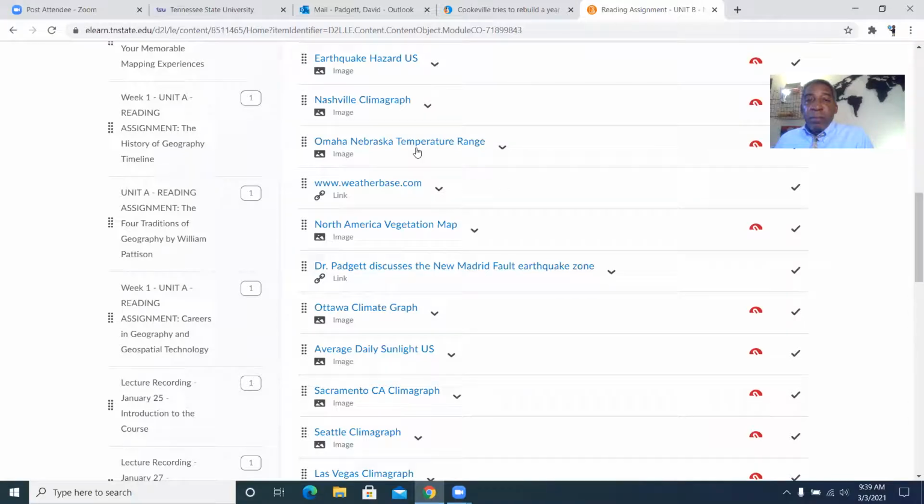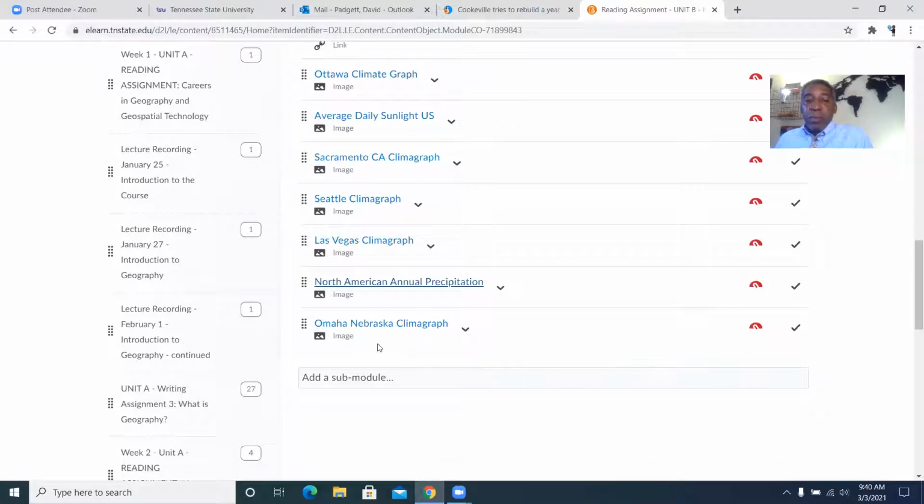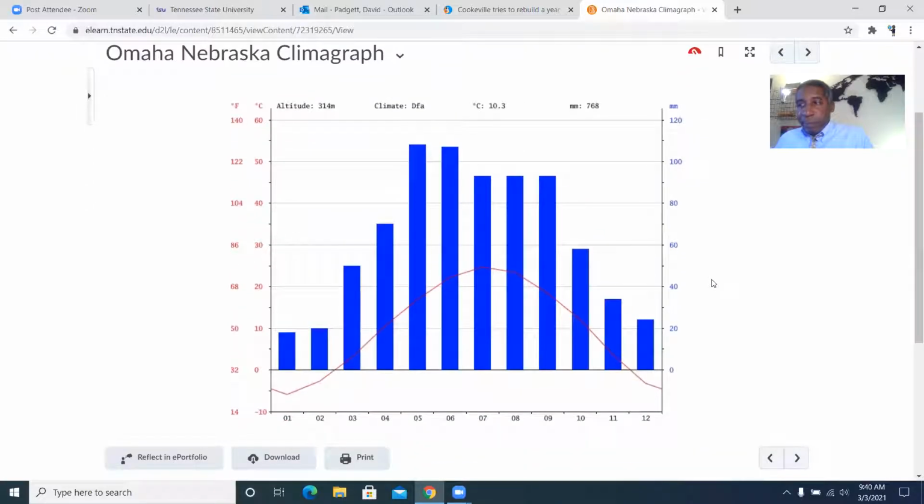We looked at various aspects of climate and different climate graphs. So you'll be expected to look at a climate graph on the research quiz and be able to determine what kind of climate this is.